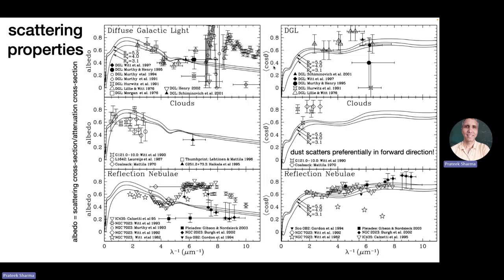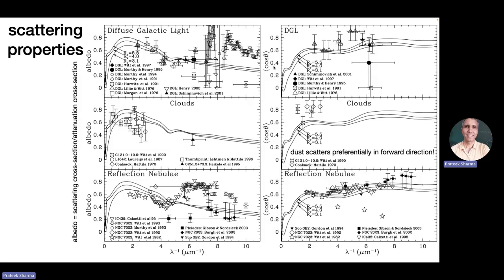And if you assume the scattering to be axisymmetric, so that it only depends on theta, the angle between your line of sight to the dust grain and this direction, theta. And this is phi. You can assume the phi direction is symmetric, but the theta direction is not.